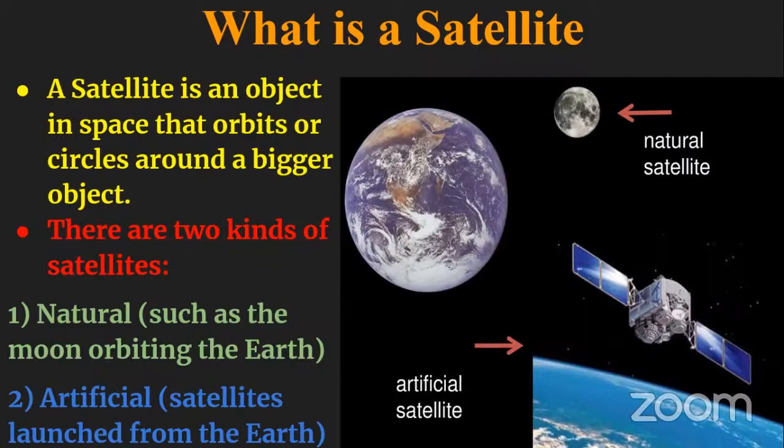Our Earth has 1 moon, one body revolving around the Earth. If I talk about Saturn, there are more than 10 bodies revolving around Saturn, so I'll say that Saturn has more than 10 moons, and so on. So all the moons are nothing but natural satellites.